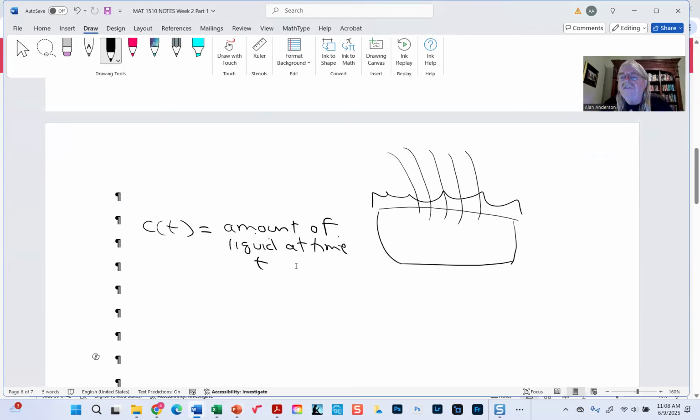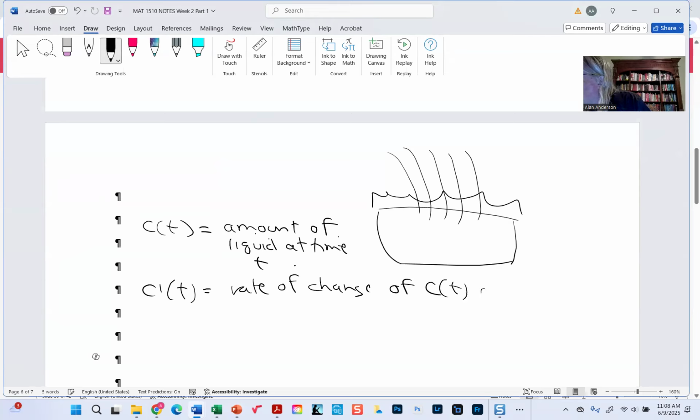And then after that, it depends on the problem. It could be 20 minutes in the future, or 20 hours. It depends on how the problem is set up. So then that implies that C prime of t is the rate of change of C with respect to t. There's how fast is it filling in?